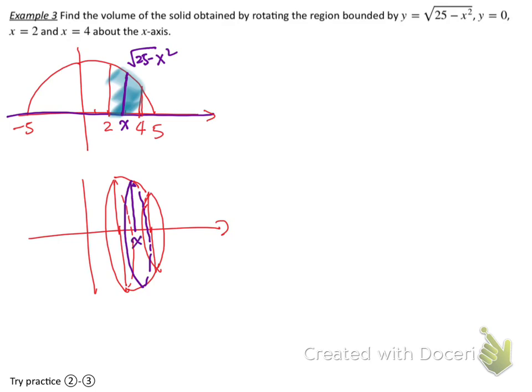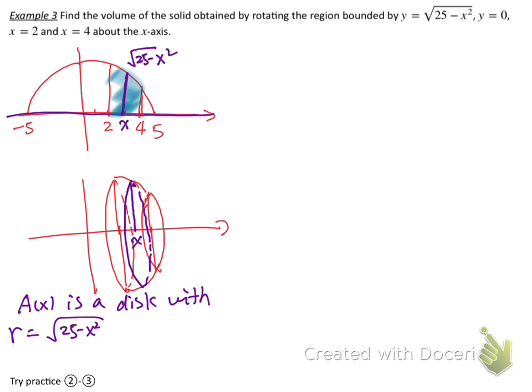So when you have x here, A of x is a disk with r equals square root of 25 minus x squared. Well, if you minus 0, it's still square root of 25 minus x squared, the length of this, which is the y of the circle.